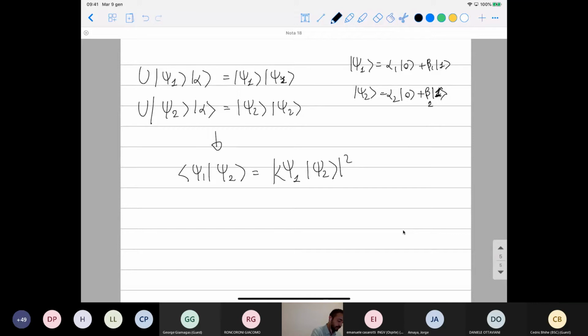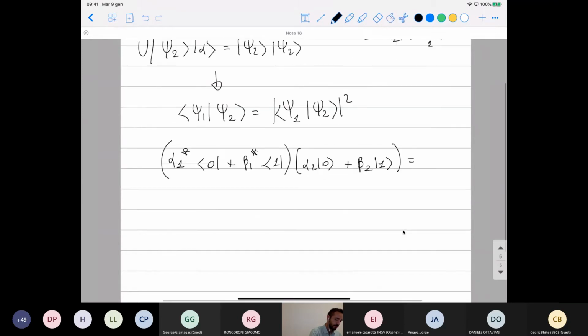It's going to be alpha 1, 0 plus beta 1, 1, times alpha 2, 0 plus beta 2, 1, which is again alpha 1, alpha 2, 0, 0 plus, so this term b1 alpha 2 gives you 0 because the scalar product between 1 and 0 is 0.